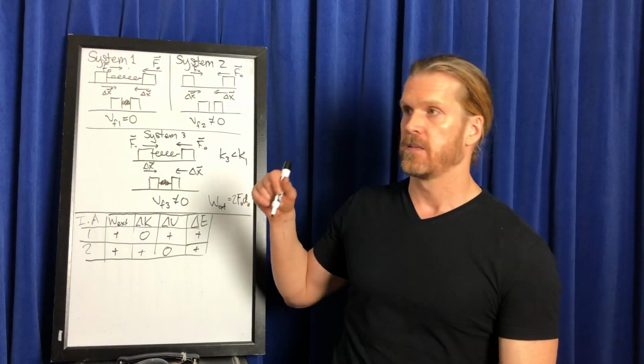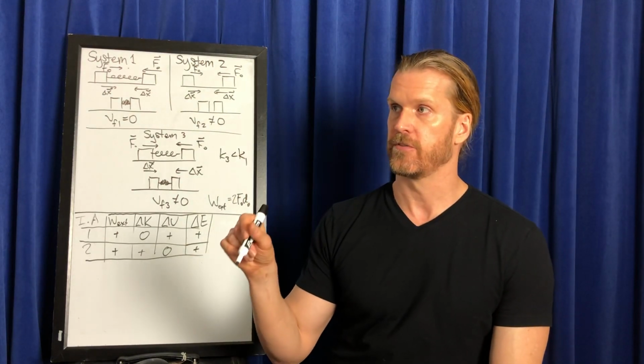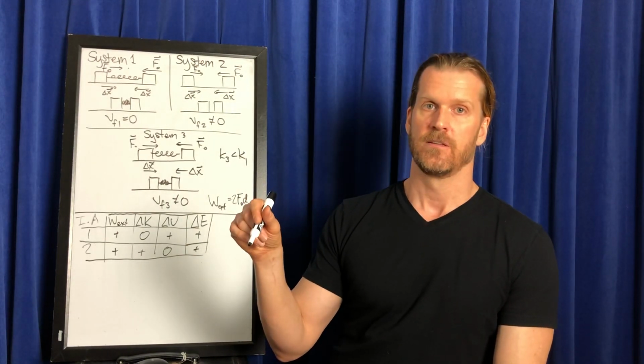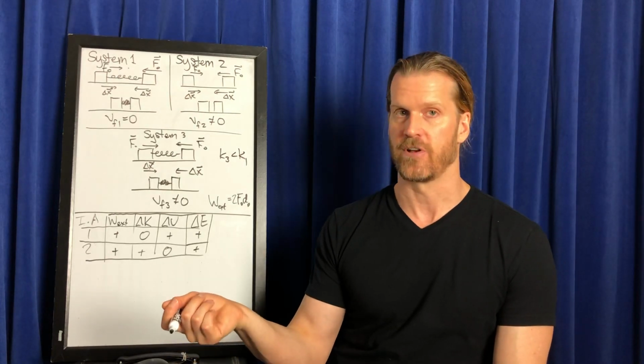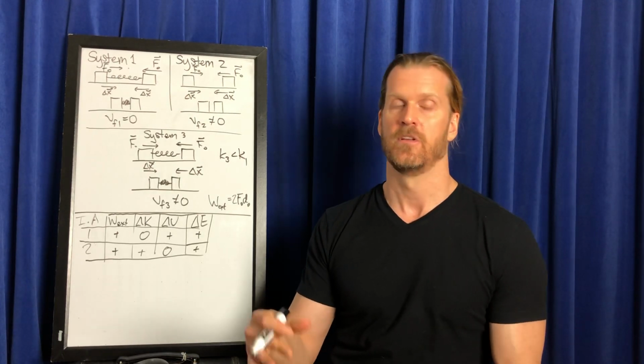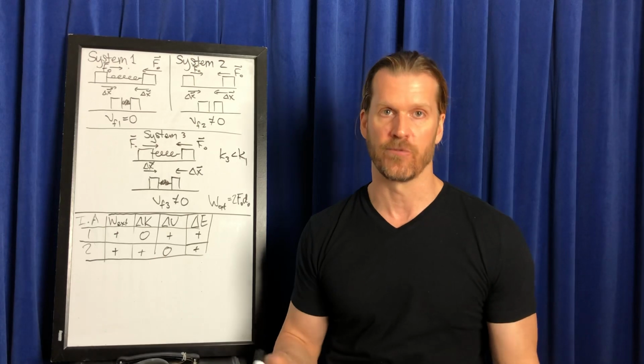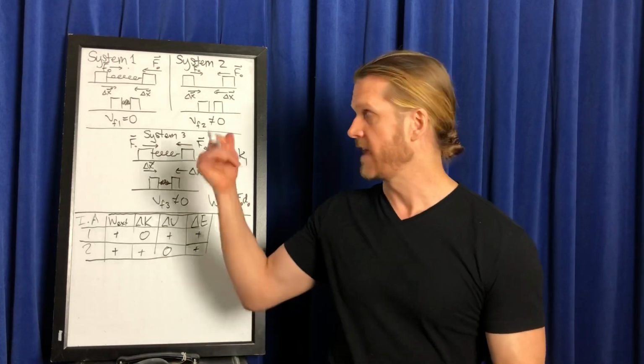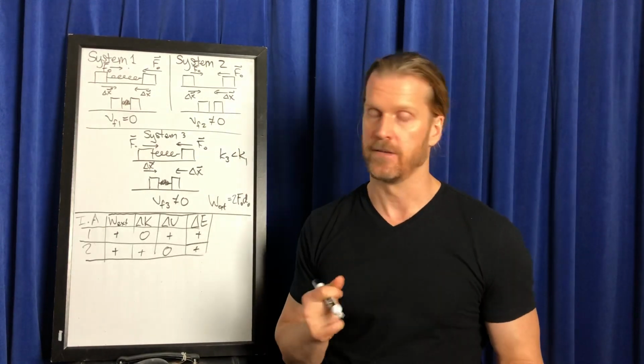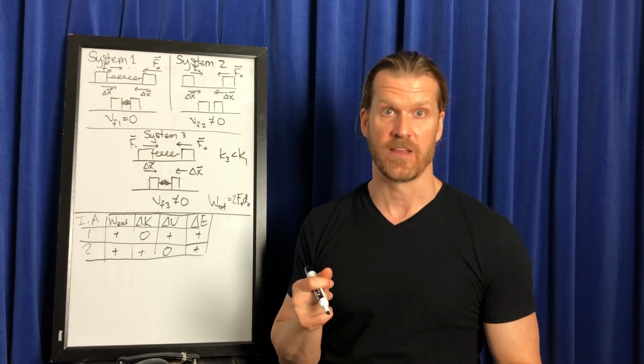So student 3 is wrong because student 3 should have said in a closed system energy is constant, but if the system is open, if there are external forces acting on it, like the hands in this case, then the total energy can change.